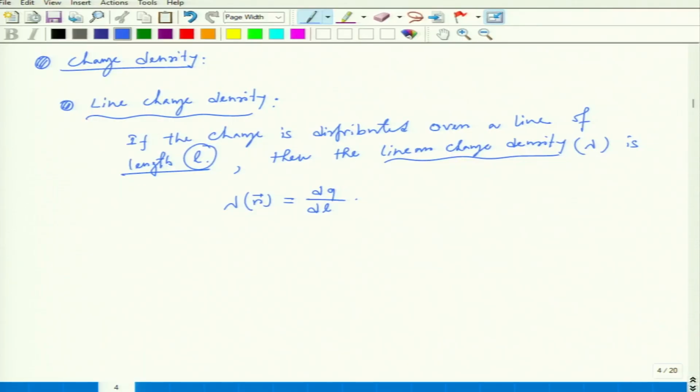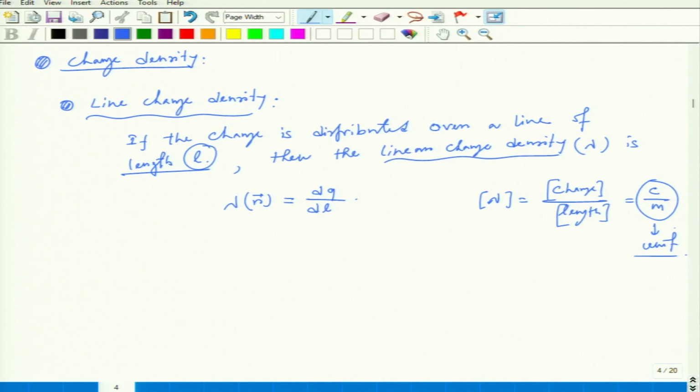The dimension of lambda is charge by length, so the unit is coulomb per meter.